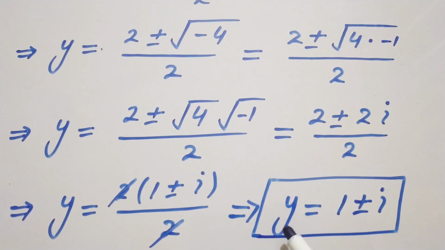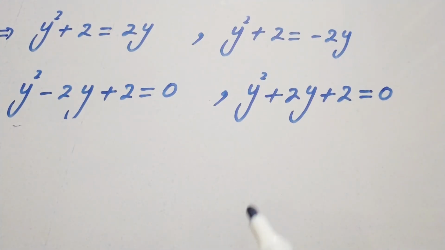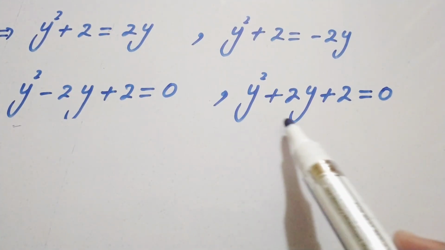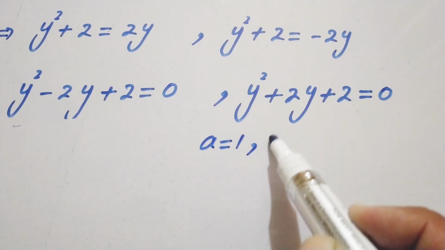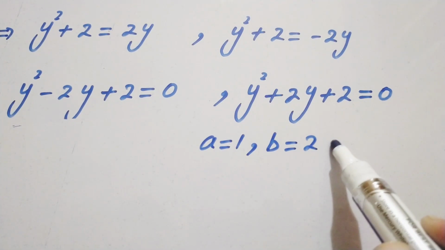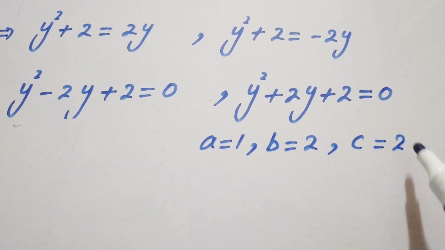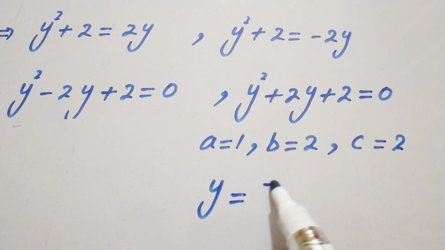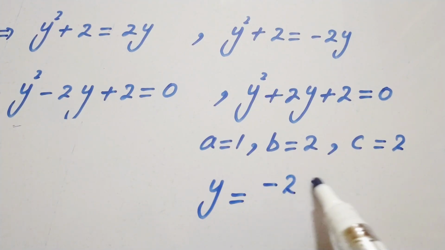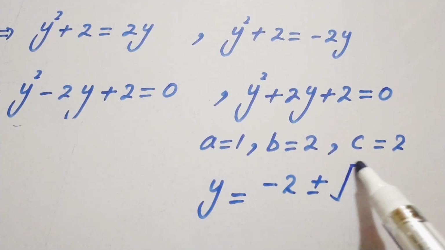We have two values of y. One is 1 plus iota and the second one is 1 minus iota. Now we find the value of y from second case. Here a is equal to 1, b is equal to 2 and c is equal to 2. So by using formula minus b, here b is equal to 2 plus minus b squared.